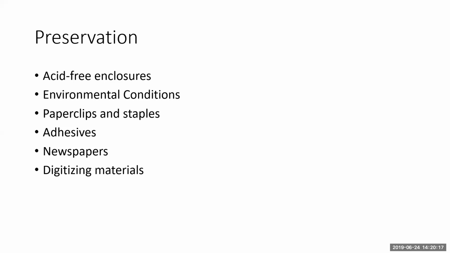But the basic thing you should do is folder everything in an acid-free folder because, no matter what else you have it in, it will help preserve the items the best. Most archives store folders in boxes. If you do, the boxes should also be acid-free. But if you at least have acid-free folders, they can be stored in cabinets and it can preserve the items for longer.